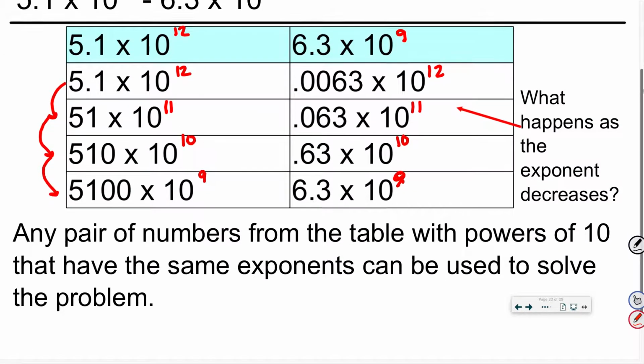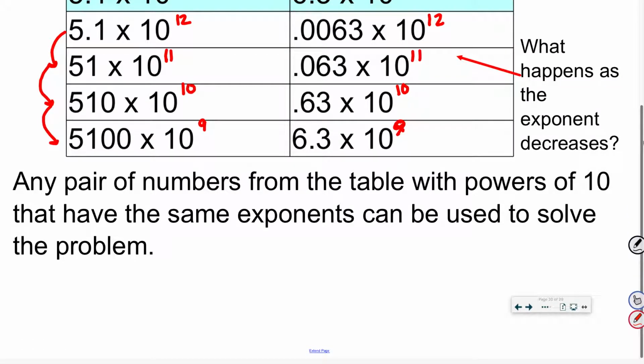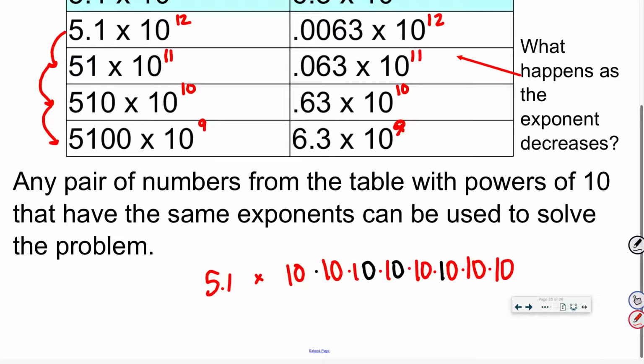And for those of you that need to see it visually, we can do 5.1 times 10 to the 12th. So when I first represent that number in scientific notation, I have 5.1, and I'm multiplying it by 10 to the 12th.